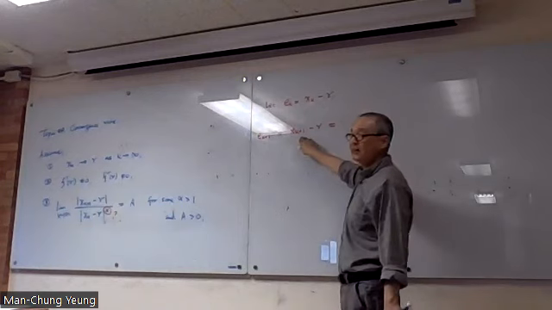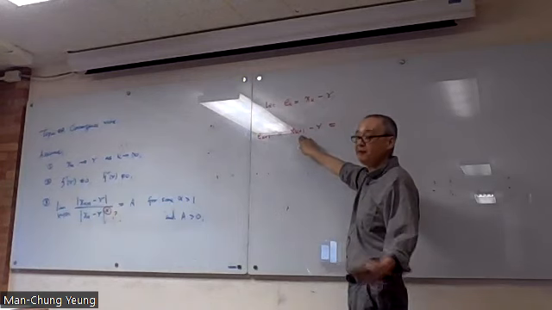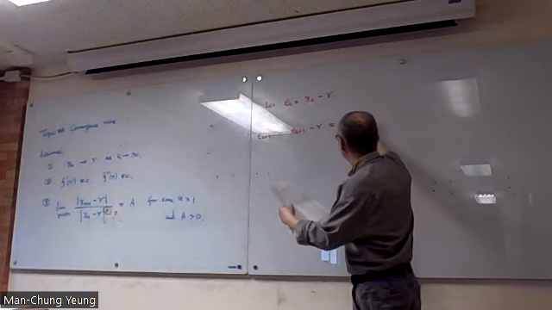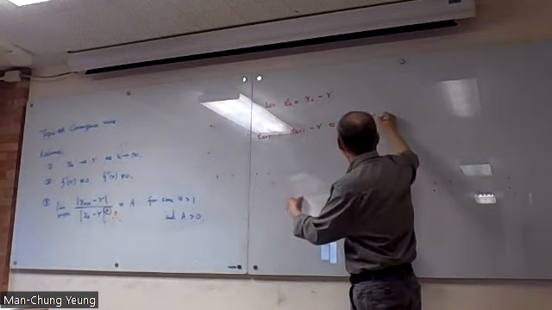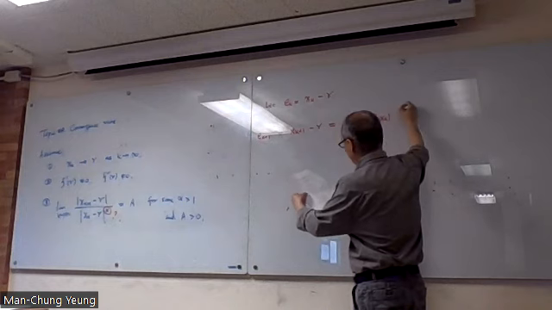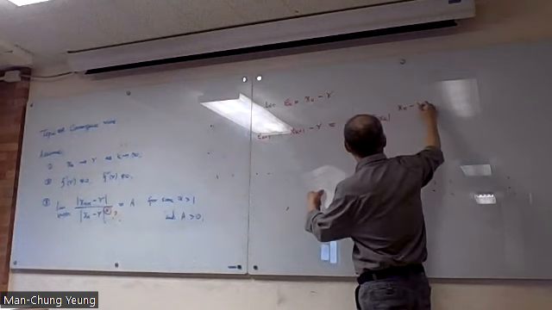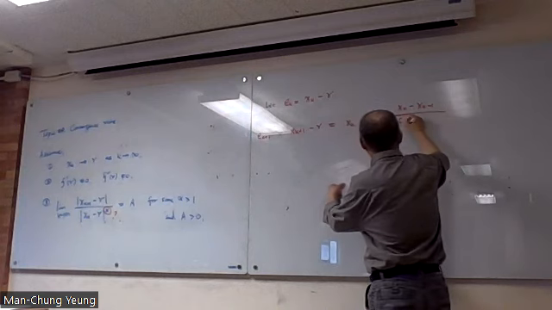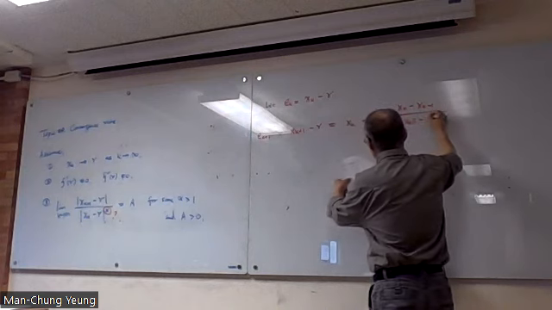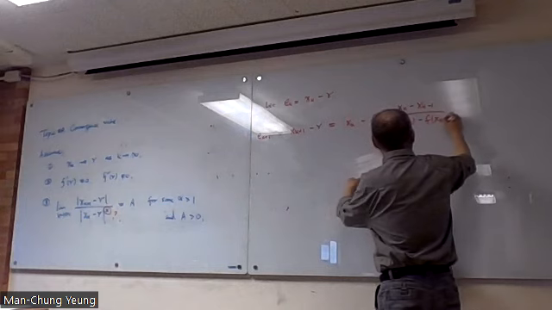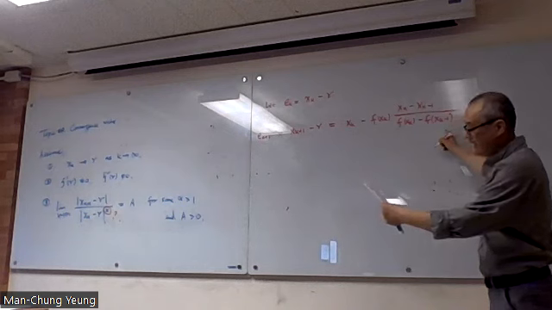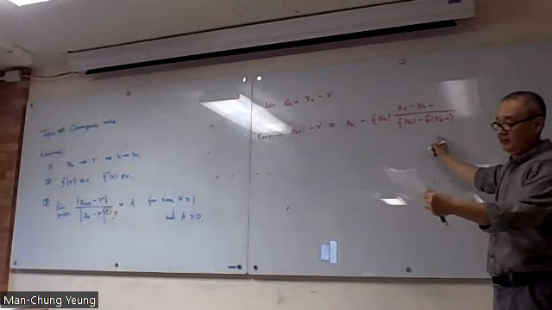Now, xk plus 1 is from the secant method, so let me plug in the formula. This is xk minus f xk times xk minus xk minus 1 over f xk minus f xk minus 1. Yes, this is the secant iteration.